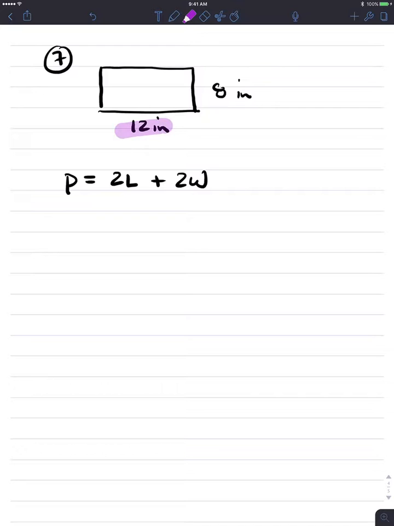I'm going to plug in 12 inches for my length, and I'll plug in 8 inches for the width, so that my perimeter becomes 2 times 12 inches plus 2 times 8 inches.